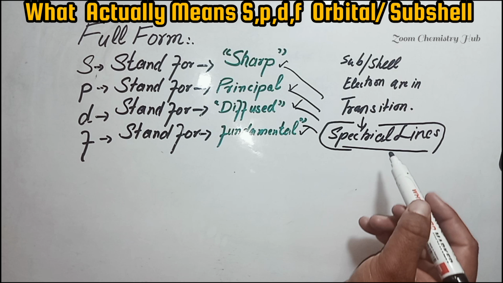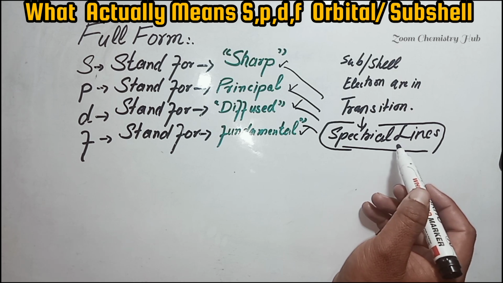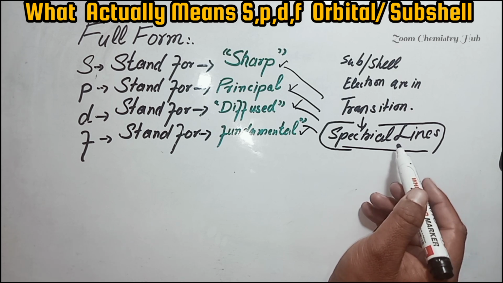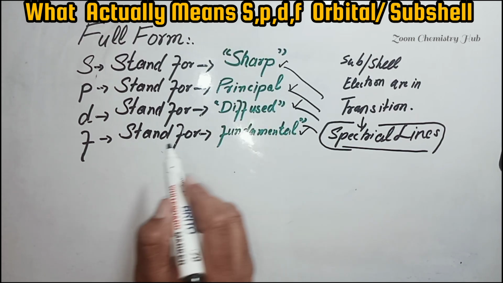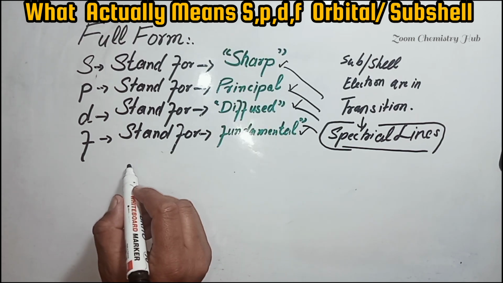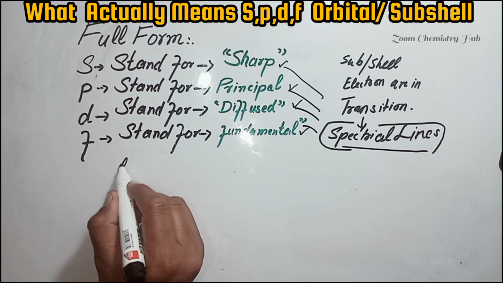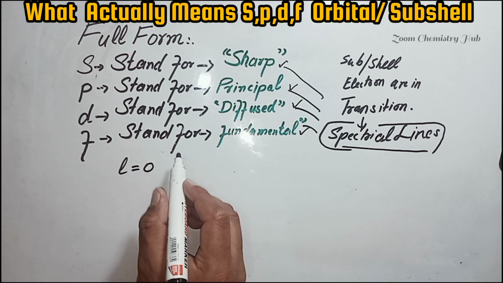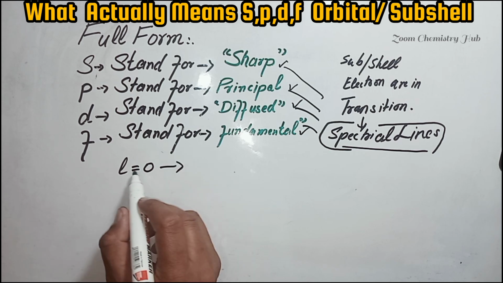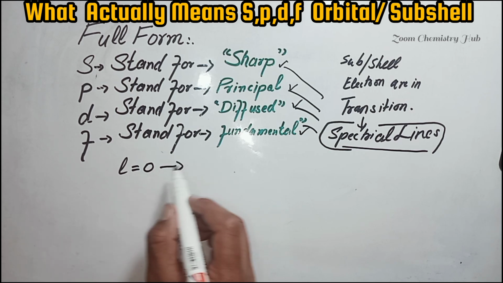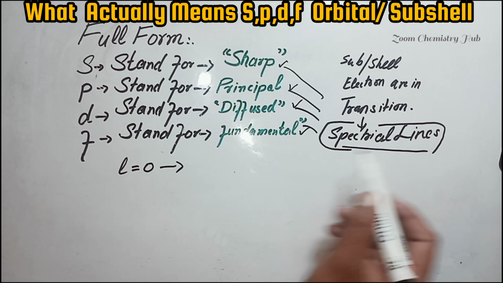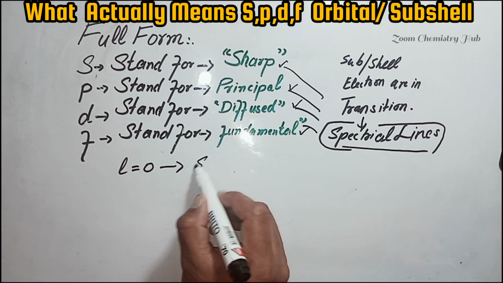And when the spectral lines are sharp, then the value of L is equal to 0. So when the value of L is equal to 0, the spectral lines are very sharp.